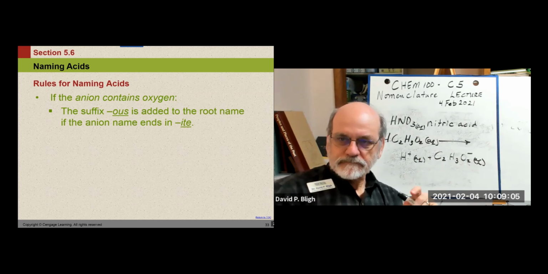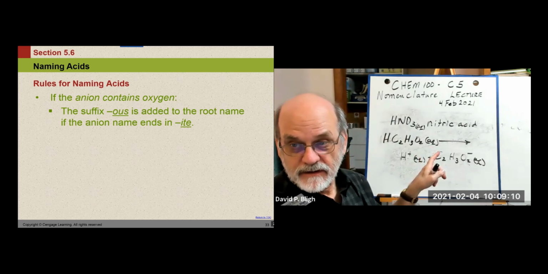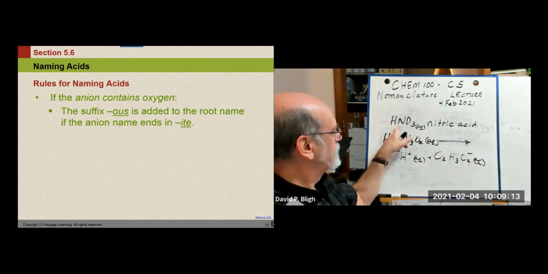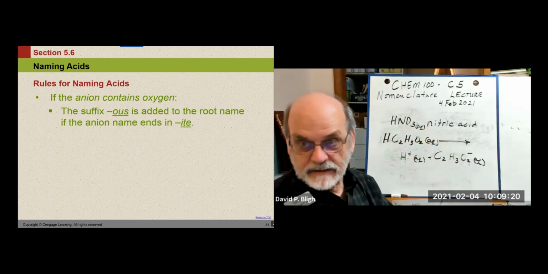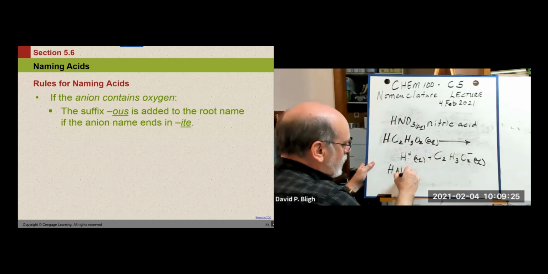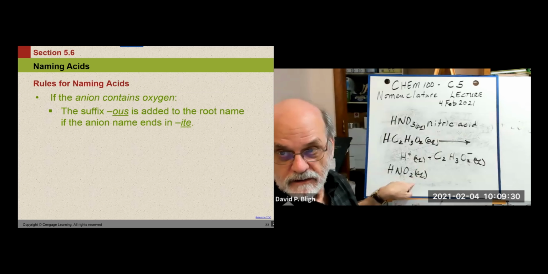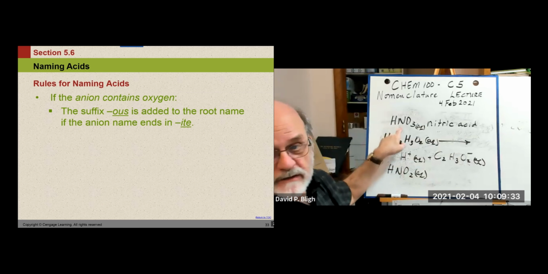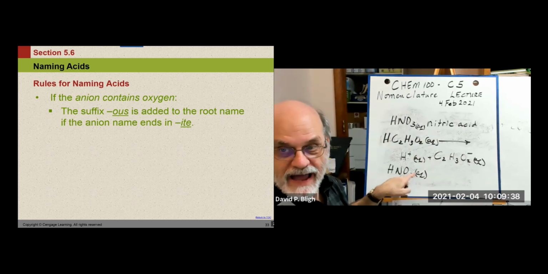What if instead of ATE, we have ITE. So this example, HNO2. Now we have a close relative of NO3, but it's not nitrate anymore, it's nitrite. For acid naming conventions, the ITEs become OUS.